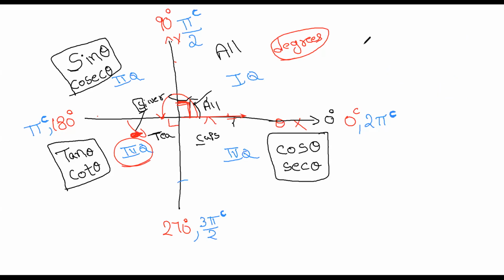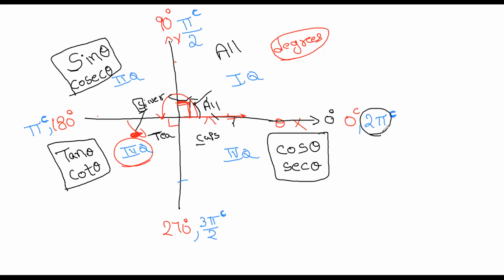Now, what is sine 720? So it is 0, right? So we know that the period, this sine, is repeating after 2 pi radians, right?